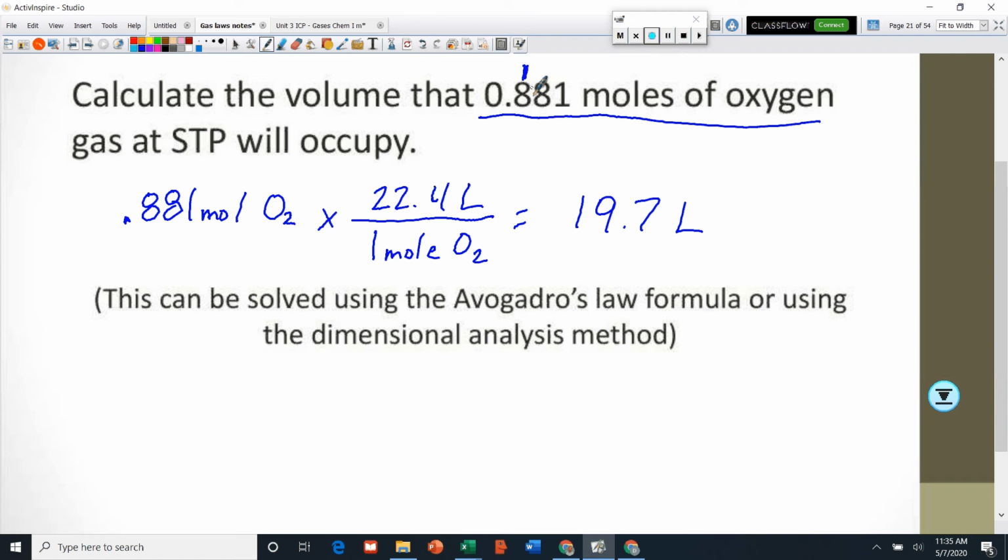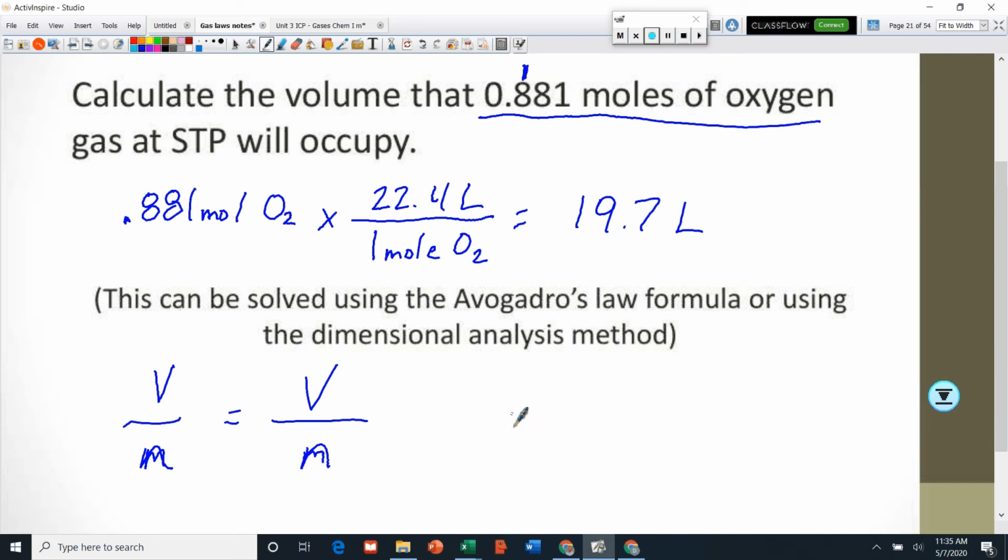So we could say volume over moles equals volume over mole. We could do it this way as well. So we want to know what volume it would be at STP, things like that.